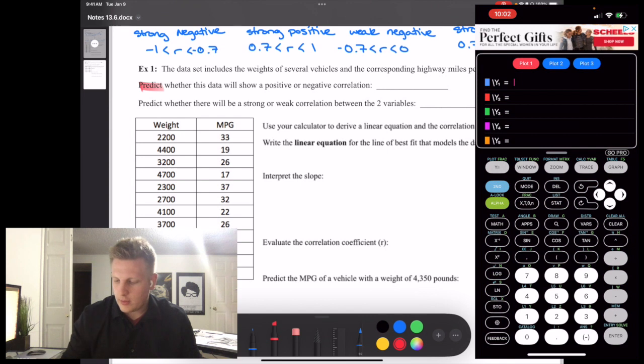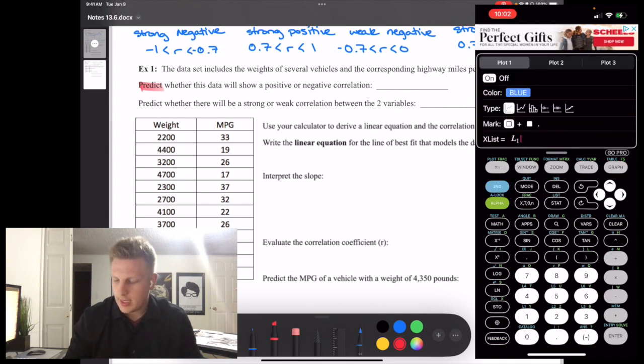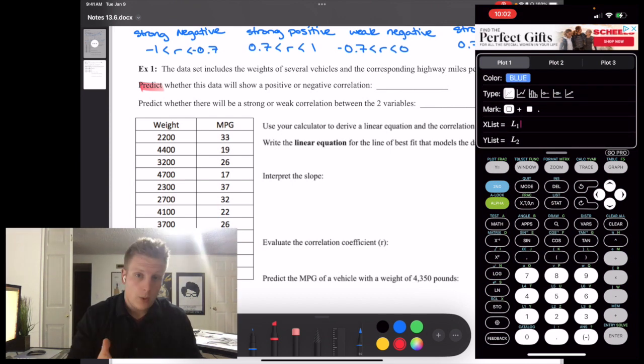I go to y equals, make sure that my equations are off. I turn on this plot 1 at the top. That's going to enter in all my points. And then I hit second in that y equals. So second, it uses that plot. And I just make sure that I've got x and y as my L1 and my L2.